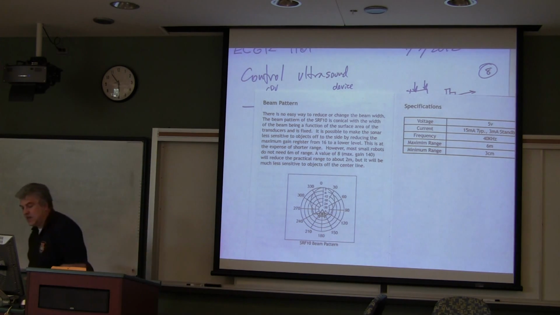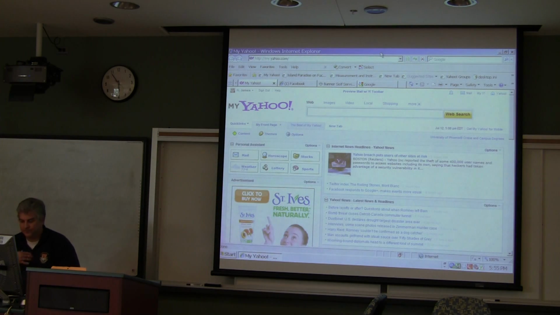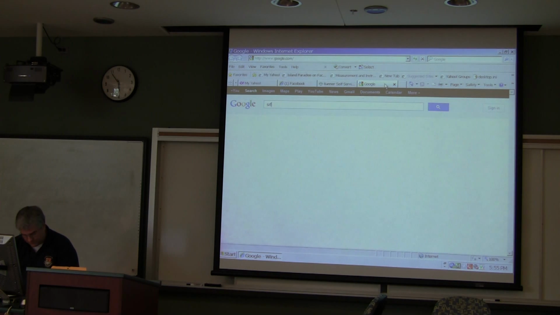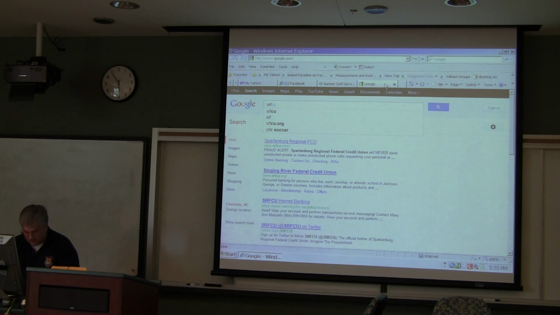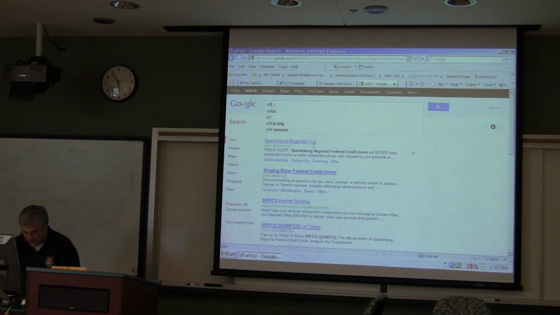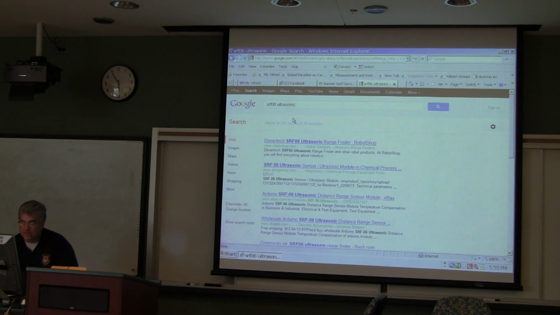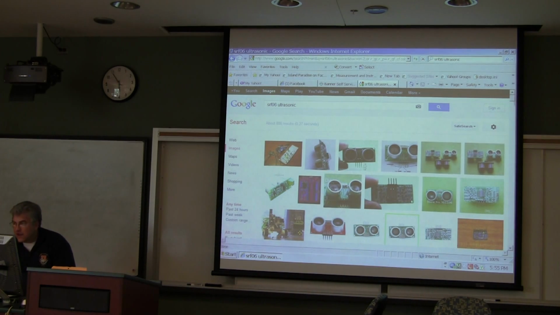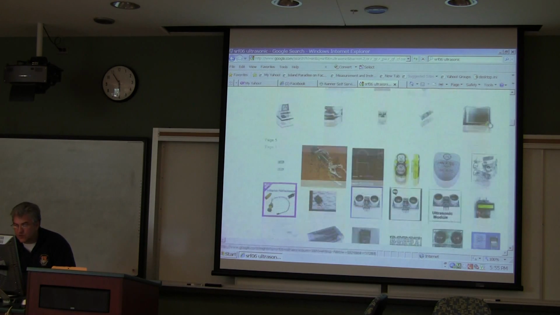If we were to look up the SRF10 beam pattern versus some other ones, always in Google. Let's look at an SRF 06. And you probably have seen this before, right? In fact, this is, I believe, what we're using.